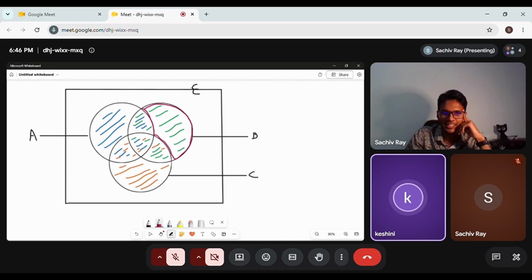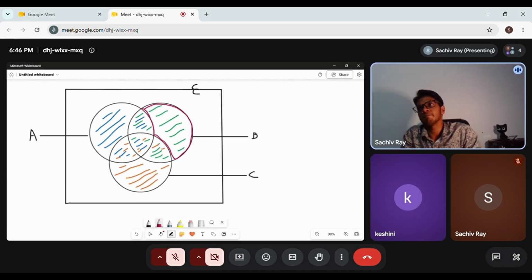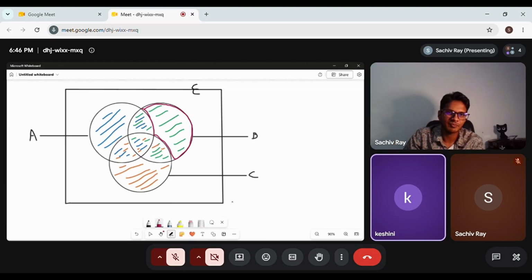I told this with guessing. Can you explain how you guessed that, how you thought of it? Because here only we have colored B, the other parts are not colored.